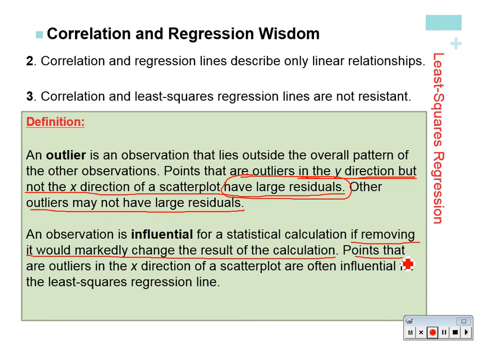Those points that are outliers in the x direction of a scatter plot are often called influential on the least squares regression line. Those points have the opposite effect of an outlier, where removing an outlier actually increases the value of the correlation. Removing an influential point will actually decrease the value of the correlation.